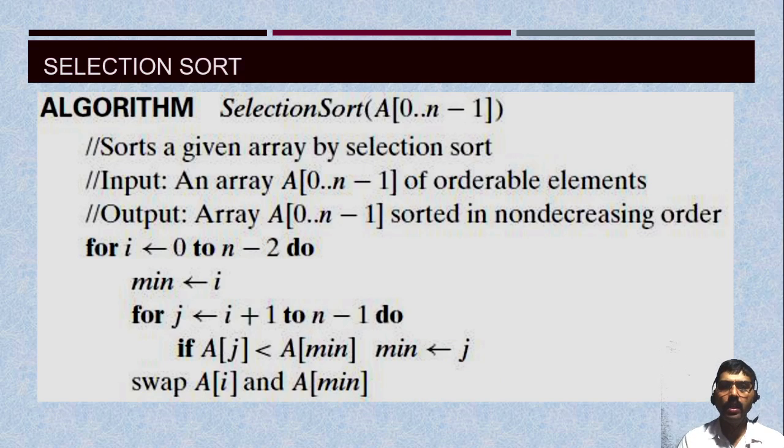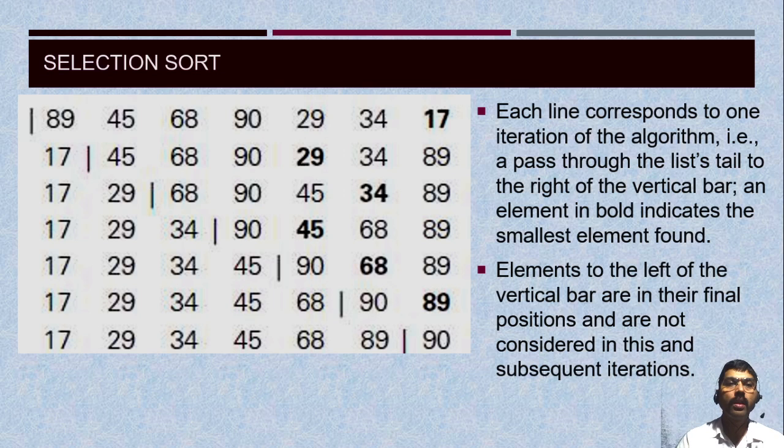What this means is, if you consider this as the unsorted list, we scan all the elements from the first element to the last element, check which element is the smallest, pick that smallest element and exchange it with the first element.